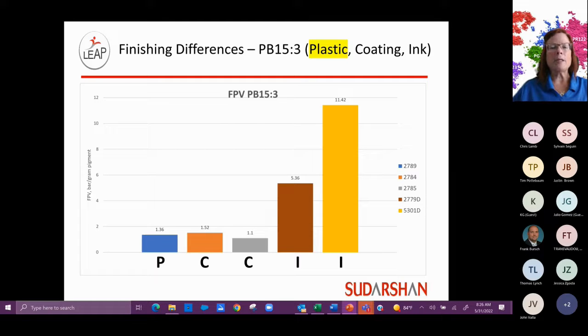In this case, we see both the plastic grade and the two coatings grades are equally successful in this particular property, with a filter pressure that is below 2 bars per gram of pigment. The two ink grades are not acceptable in this particular property, with the one ink grade being exceptionally poor in this particular property.